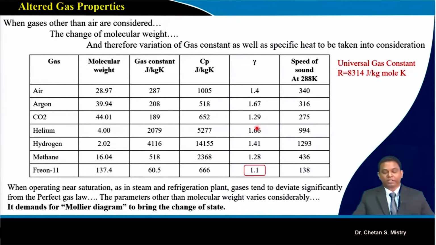Now in this case, if you compare the specific heat ratio for Freon, it's around 1.1, and argon has a specific heat ratio of 1.67. In the same way, if I compare the speed of sound, it is around 138 for Freon, and if I look at hydrogen, it will have a very large speed of sound.